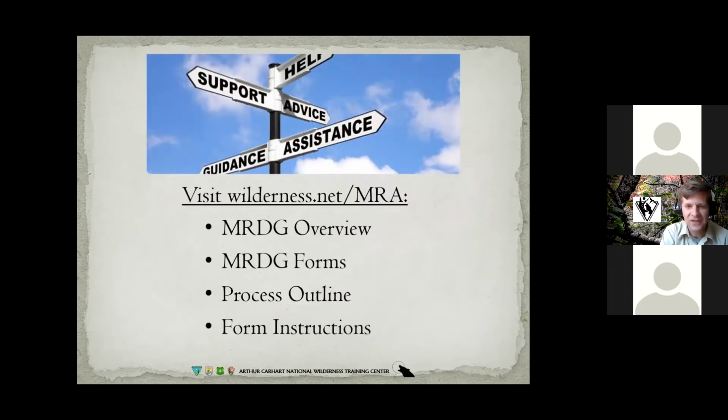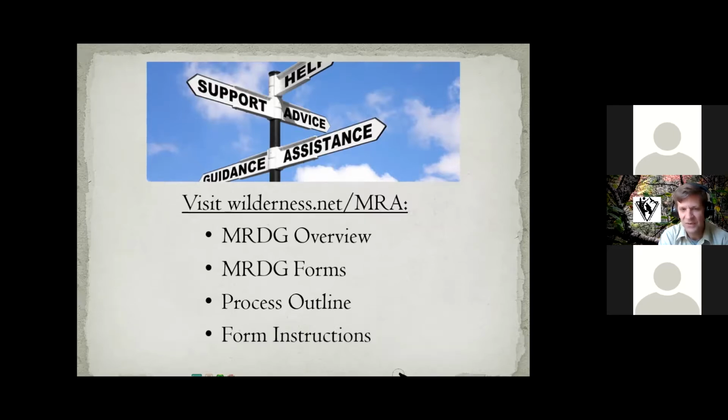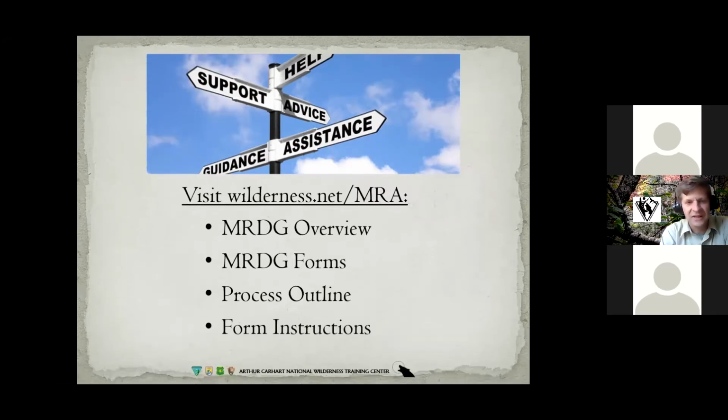We're going to try to do this sort of on the fly, but at one point during the presentation, I'm going to ask John, since he's sharing his screen, if he can navigate to WildernessConnect, and we're actually going to go look at a case study. But these are some great resources for folks. Wilderness.net, also known as WildernessConnect. If you go on there, hit the practitioners tab and work your way to the MRA page, you'll find a plethora of resources that will help you out. So these are some of the things that you would find there. Go ahead, John.